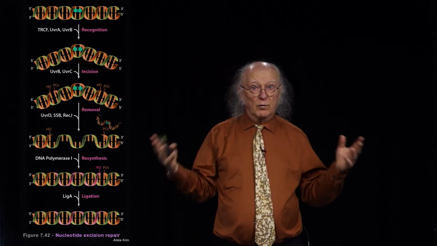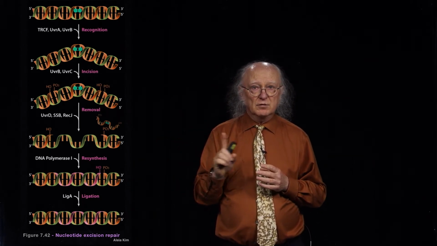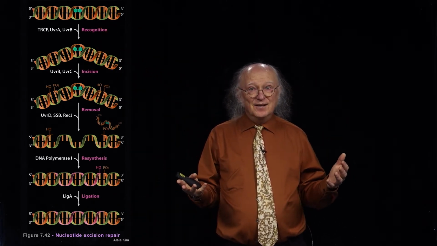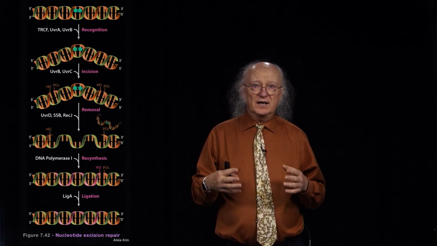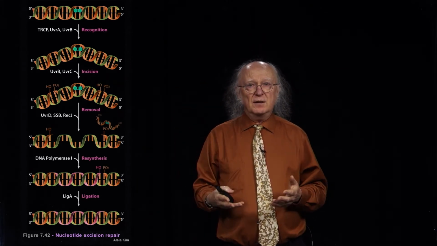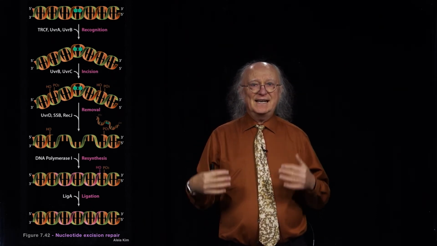So nucleotide excision repair can fix a variety of problems, not just one. Photolyase can only fix one problem. And the second is that the more repair mechanisms a cell has, the better able a cell is to maintain the fidelity of DNA. So these multiple mechanisms that I'm describing to you are a reminder of the importance of maintaining the fidelity of DNA.